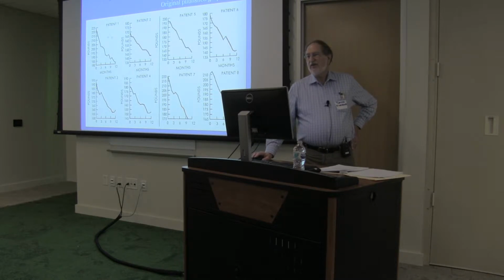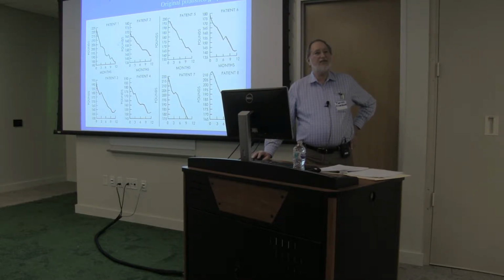Then you see some people lost weight at a very high rate, like this first patient. Some people lost at a slower rate, like this second patient appears to be, although it's hard to compare across patients. You see why? Because these graphs have different scales.